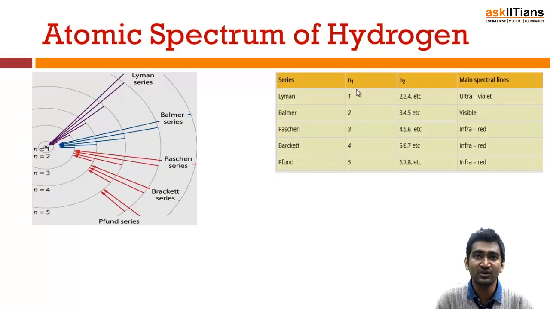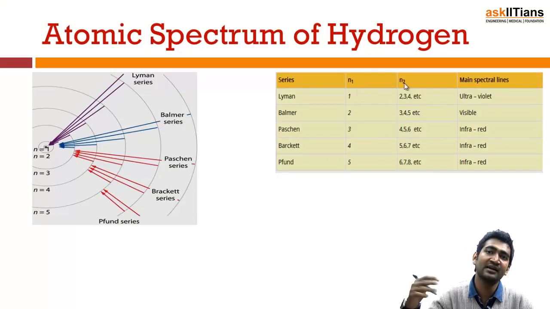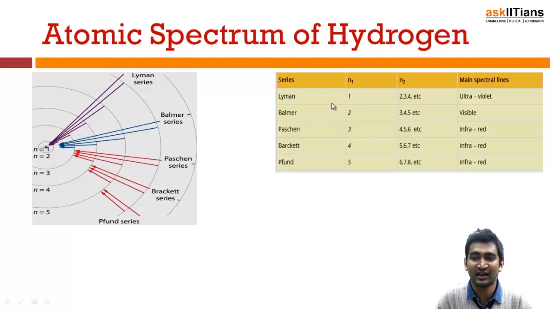For Lyman, my n1 value should be 1, and n2 can be anything, any integer up to infinity. That spectral line is observed in the ultraviolet region. Similarly, Balmer is in the visible region. Paschen, infrared. Brackett, infrared. Pfund, infrared.